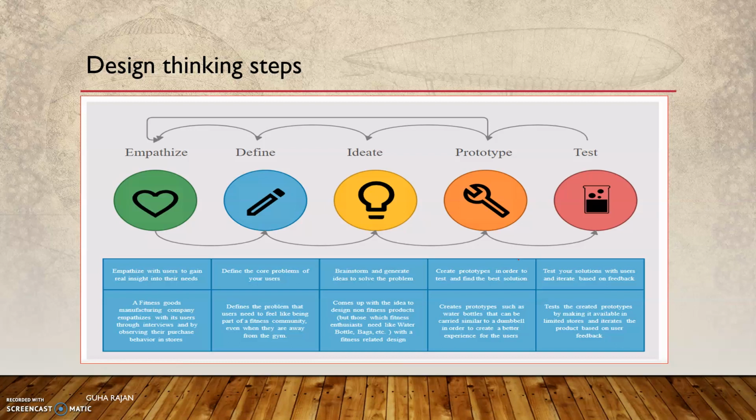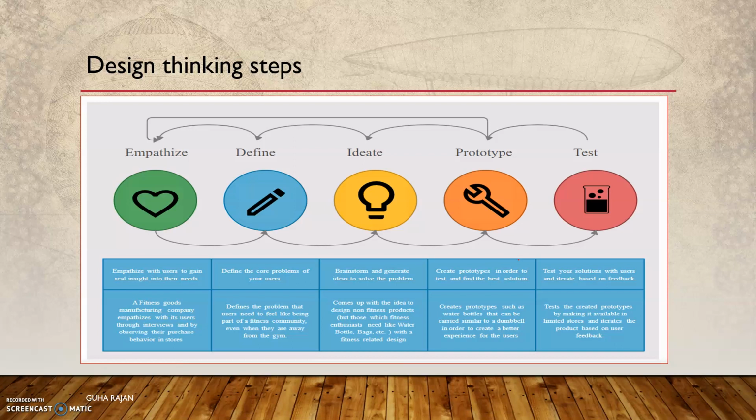Then that is where you have an input, and that input needs to become a problem statement. That is where you define. So define the problem. This is again the fitness example they have taken, but in your case you have to define whatever it is, based on the inputs from empathize.